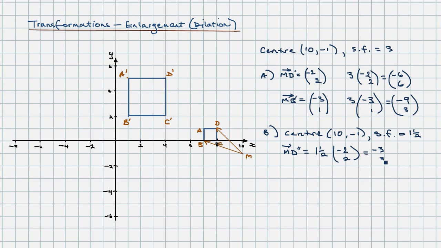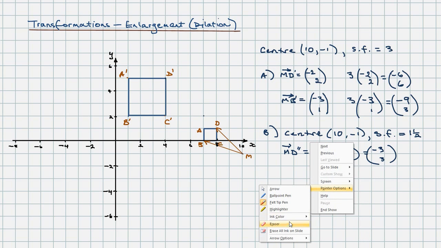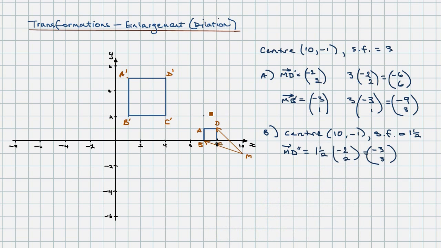So nice and simple, we've got to move 3 in the negative direction, in other words to the left, and 3 up from the centre of expansion, or the centre of enlargement I should say. So there we've got our D prime prime. So D prime prime is here.